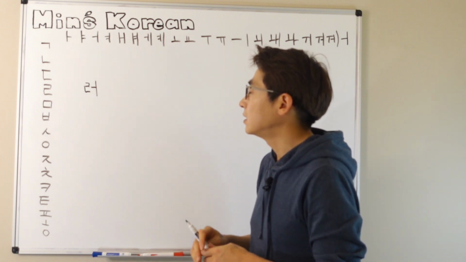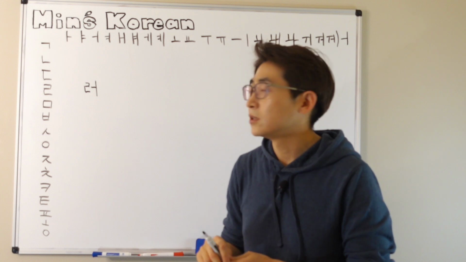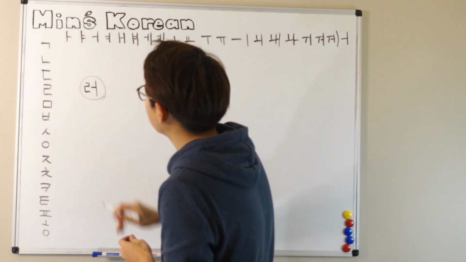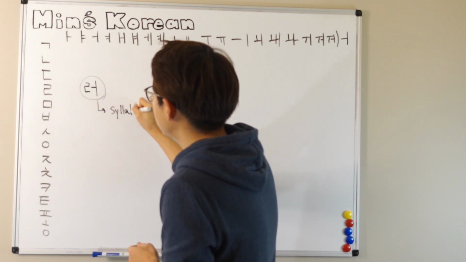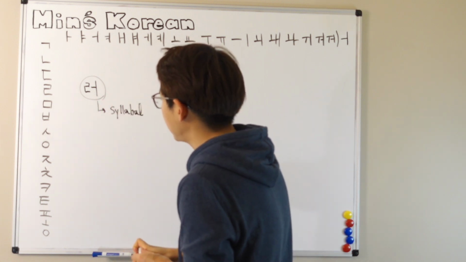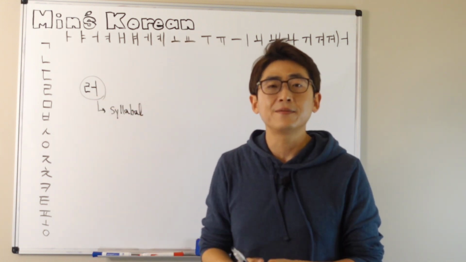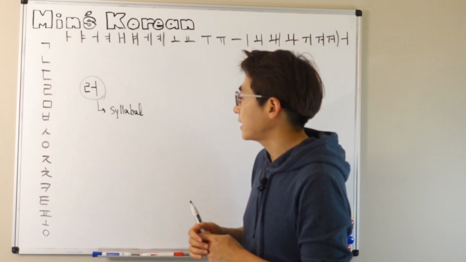And it becomes "ra." Okay? This is what we call a syllable.